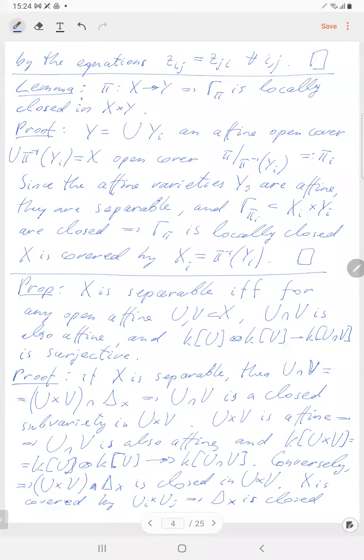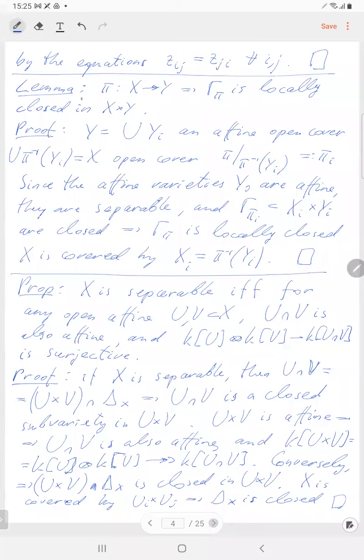We are given that it is closed in U times V, right? This is our condition. Because we know that at the level of regular functions, this morphism from K of U tensor K of V to K of the intersection is surjective. It means that, okay, fine, thanks. So we are done with this.